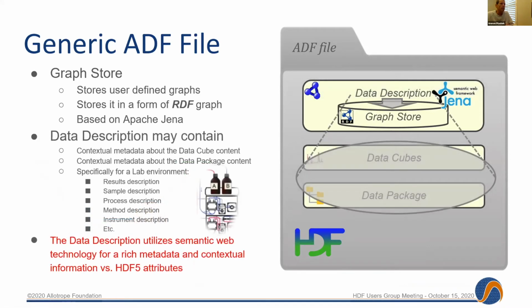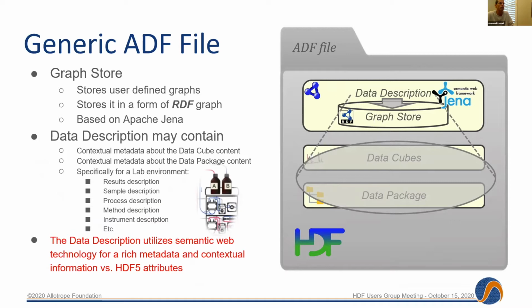And typically the data description contains contextual metadata about the data cube, the information in the data cube, and the information in the data package. Typically for the pharmaceutical industry, it contains lab environment information such as result, sample, process, method, and so on.